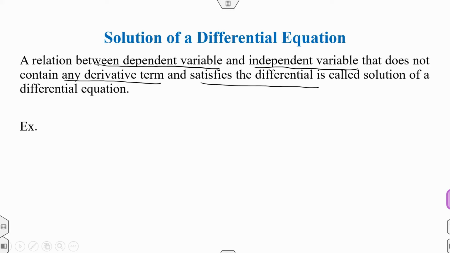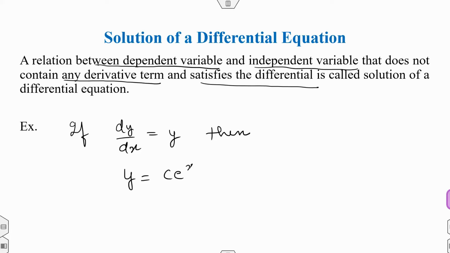Now let us see a very simple example. Suppose you have a differential equation, say dy by dx is equal to y, then by solving we will get a solution like this. So you can easily see that this is the solution of the given differential equation.